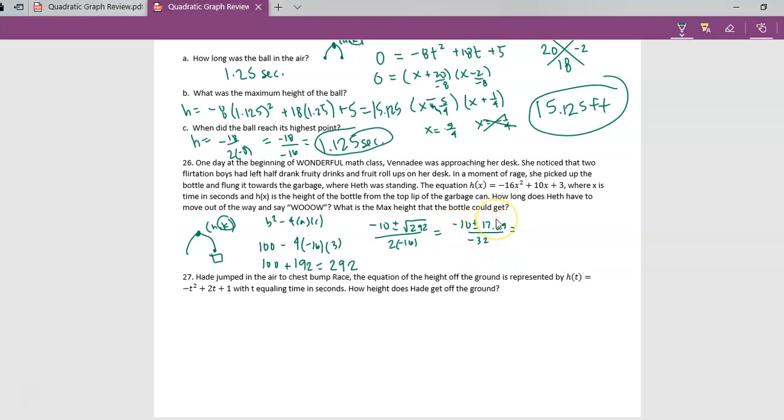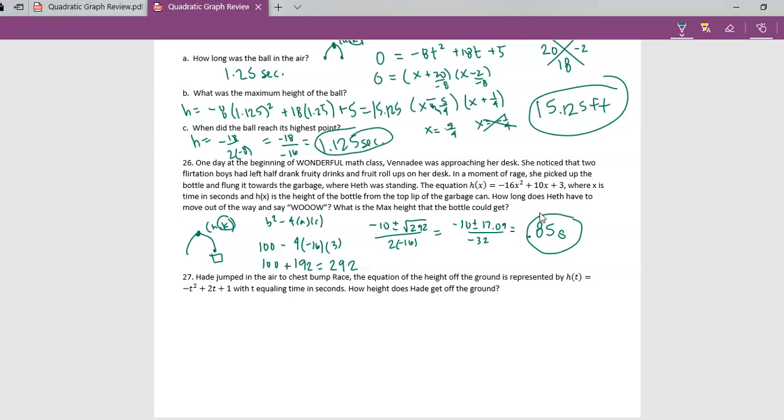Negative 10 minus 17.09, and then divide that by negative 32, and that's going to give me positive 0.85 if I round up. Okay, so the positive solution is 0.85 seconds, so that would be the amount of time he has to move out of the way, which is not a lot.